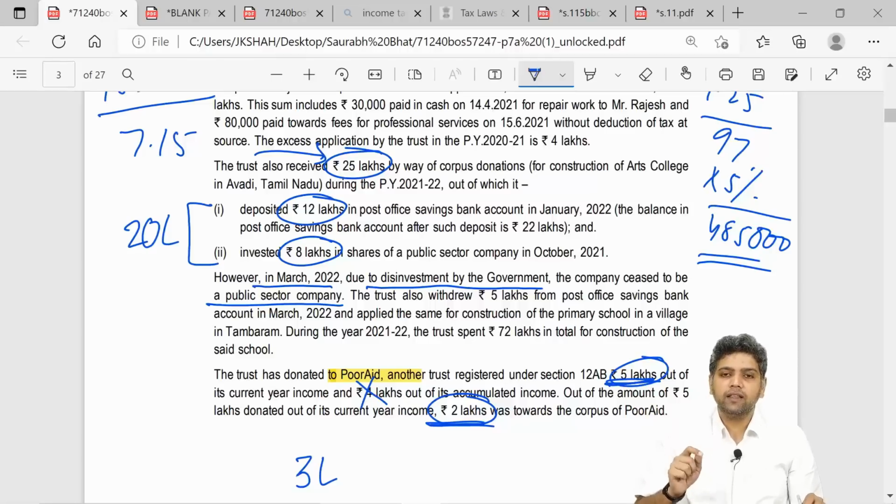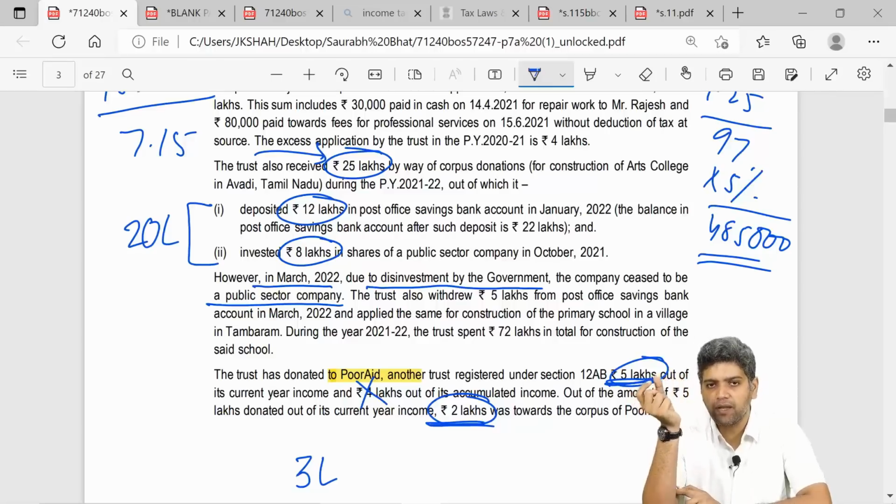I reiterate, only such corpus donation means what? Where the donor gives it with a specific direction that such donation will form part of the corpus of the trust and it has to be utilized for any specific purpose. Now, that will be exempt from tax provided it is invested in the prescribed modes under section 11(5).